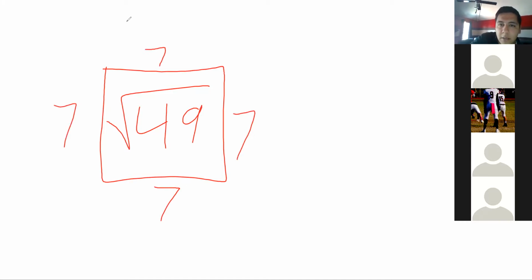How would we find that? Find the square root, exactly. So what would be the square root of 49? 7. So that means that the sides are going to be 7. Does that make a little more sense? Yeah. Good.